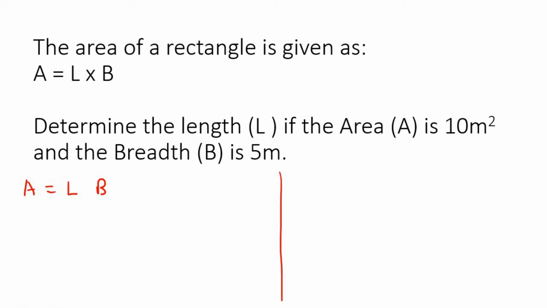So we are trying to determine the length. We want to find length, so to do that, you need to get rid of the breadth. So you divide by B on both sides. Then you see how that cancels. And so you end up with length equals A over B. Now you can go and fill in the values.